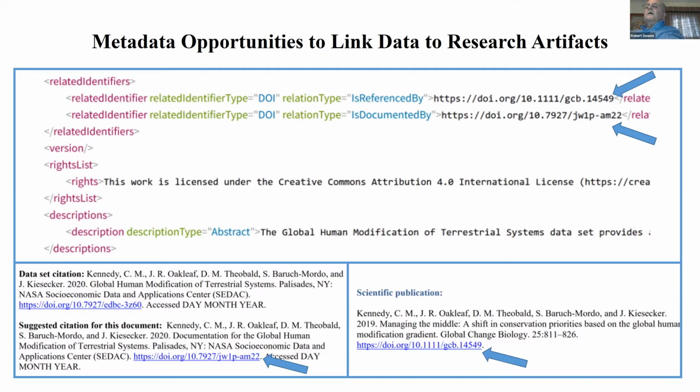And those are the same links as you see down below for the suggested citation for the data set, and also for the documentation, and then for the scientific publication as well.